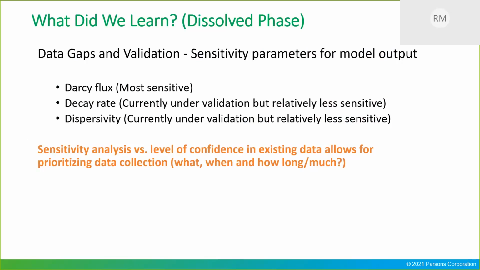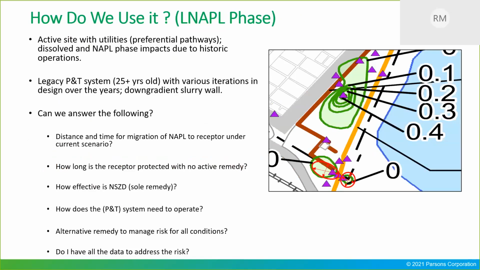What are the main input parameters that we need to collect, and what is the frequency of data collection, so that it represents actual site conditions and helps us manage the RIX in the longer term. So now I will ask Ranga to go through the NAPL.